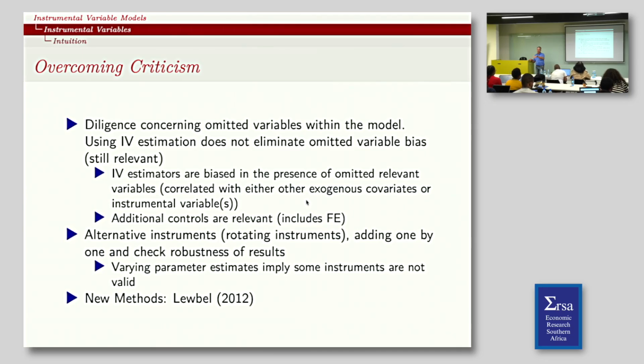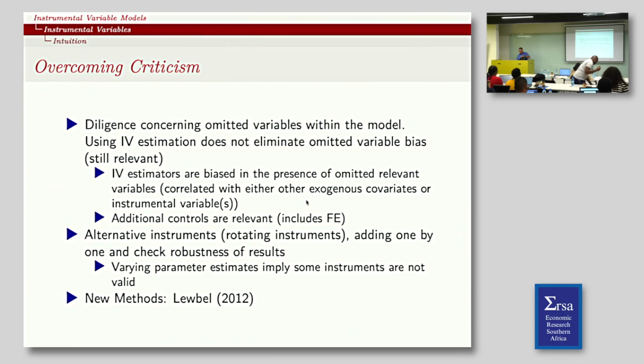So you look at the variation in the data, or the skewness or the kurtosis of the data, and you can actually use that as an instrument in your analysis. Okay, so I'll talk about Lewbel's method because it's fairly understandable. Some of these other ones are a little bit less so.